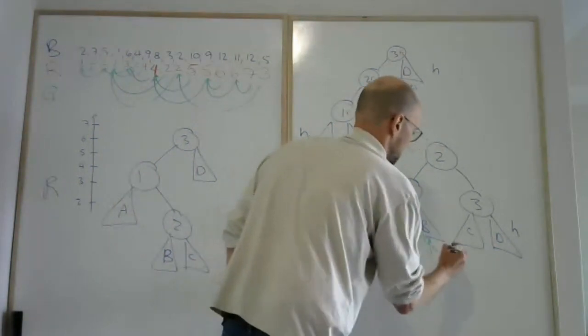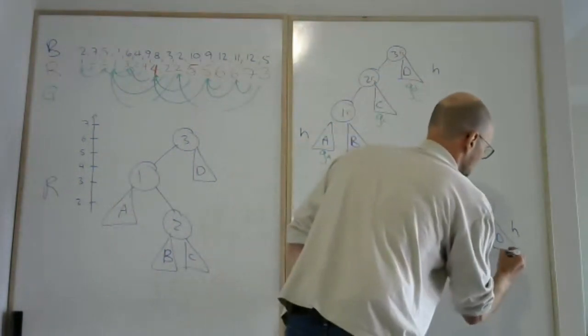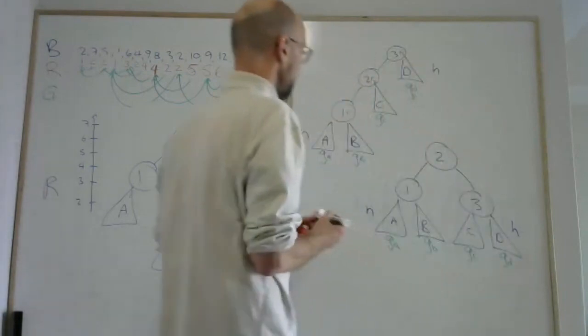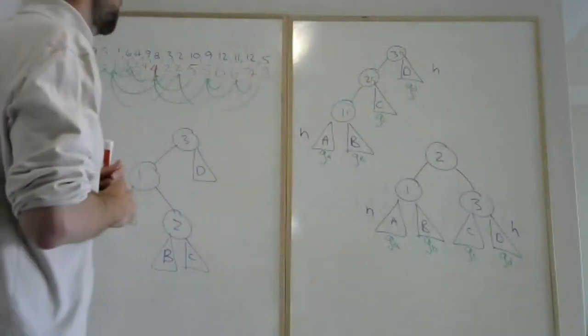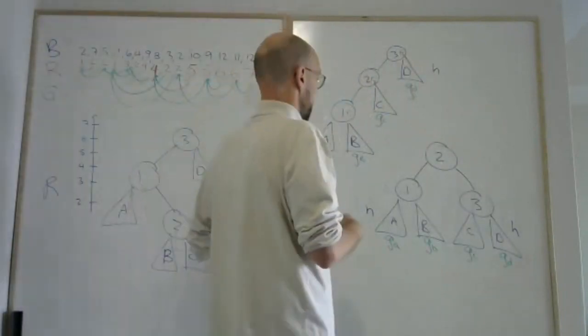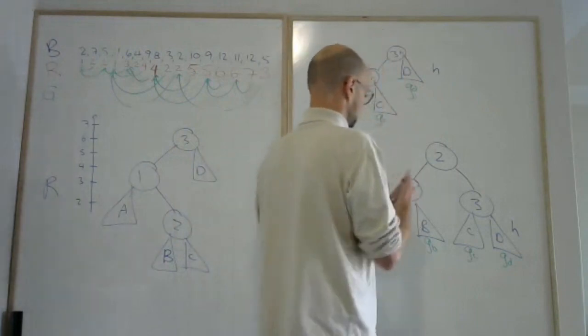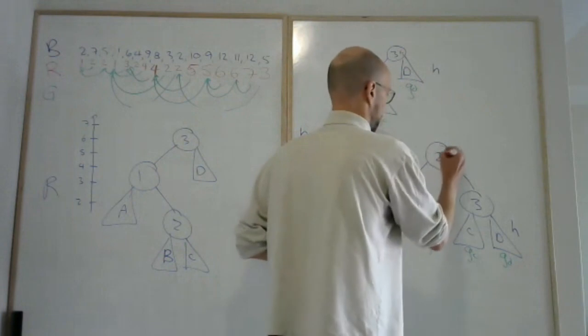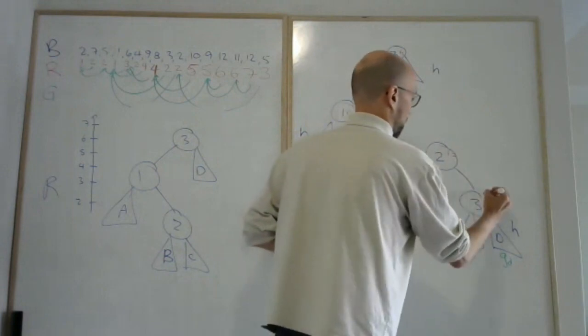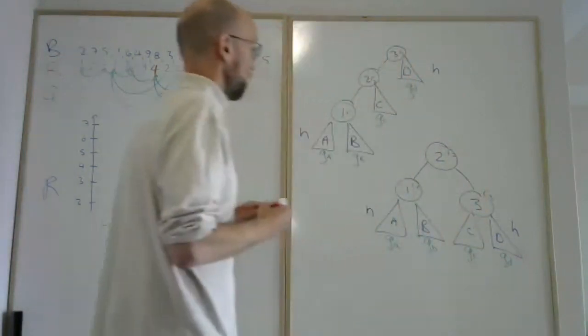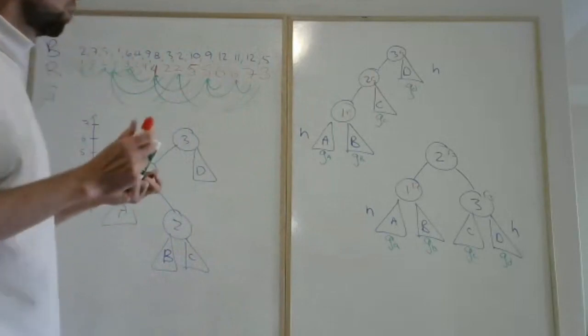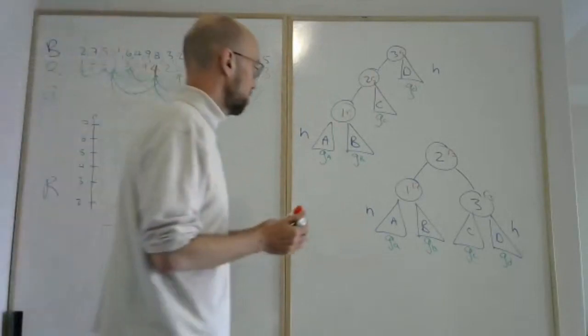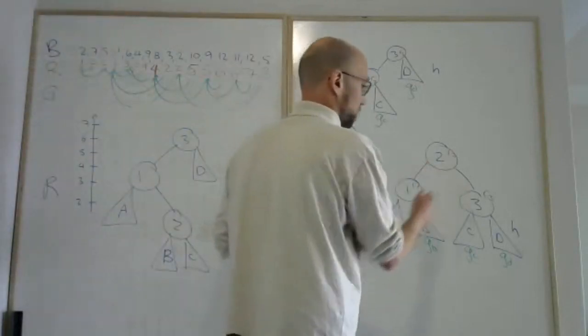GA, GB, GC, GD. And now the R values are the same because they're associated to these keys, R1, R2, R3. So the only thing you have to work out is the green values at 1, 2, and 3.